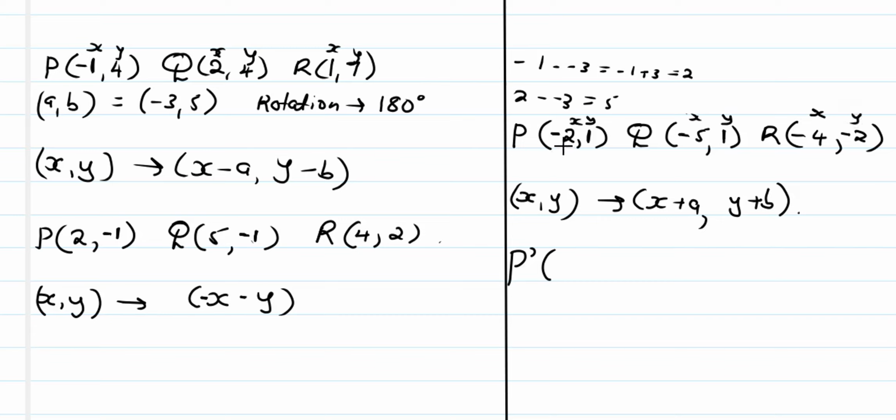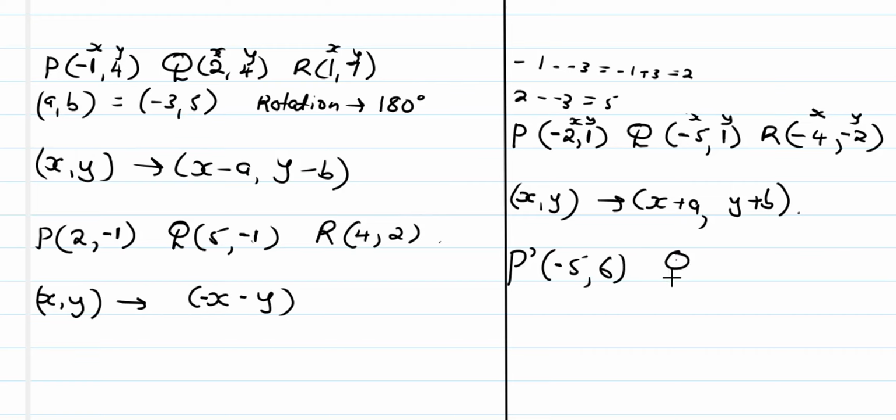So we start with x, of course, for p, which is negative 2, but we already know this one, a, was also negative 3. So negative 2 plus negative 3, it will be negative 5. Then we go to 1, and our b is 5, so 1 plus 5 is 6.